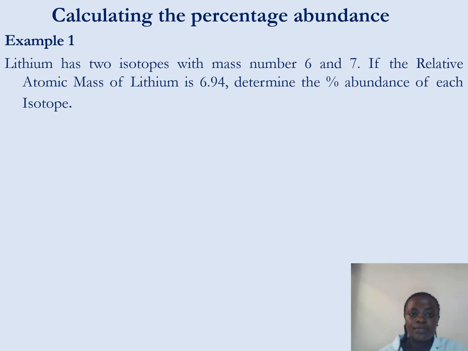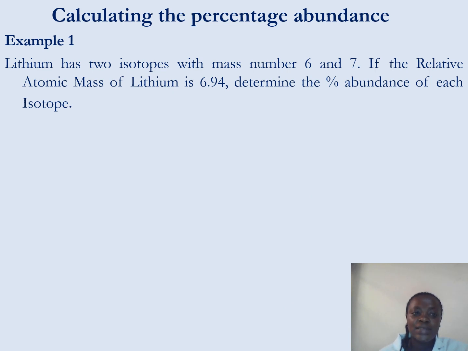We move on. So now we are going to calculate the percentage abundance. In this example, lithium has two isotopes, one with mass number 6 and the other with mass number 7. If the relative atomic mass of lithium is 6.94, we are told to determine the percentage abundance of each isotope.